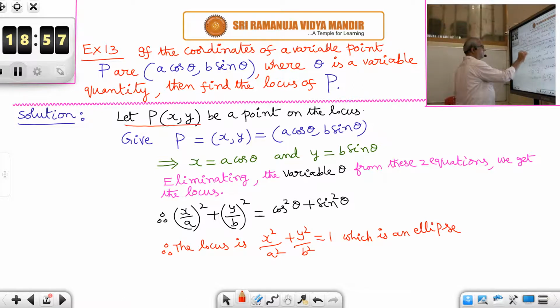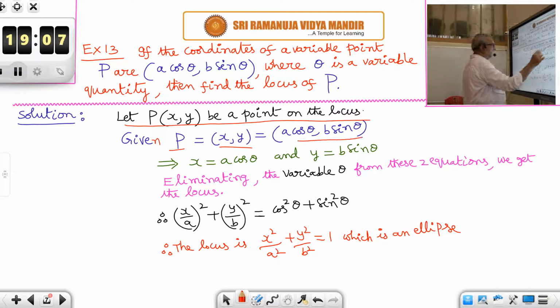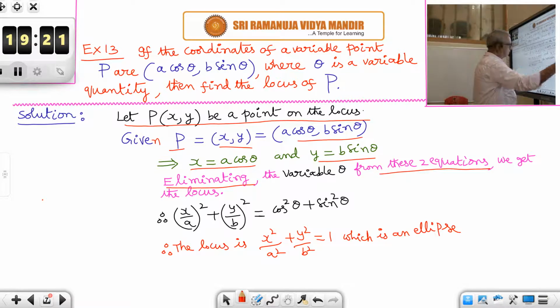Okay, so we'll start like this. Let P x comma y be a point on the locus. But P is given that P x comma y is equal to what? A cos theta comma b sin theta. That means the x coordinate is a cos theta, the y coordinate is b sin theta. So how do you get the locus of the point x y? Eliminating the variable theta from these two equations, we get the locus. x equal to a cos theta, y equal to b sin theta.